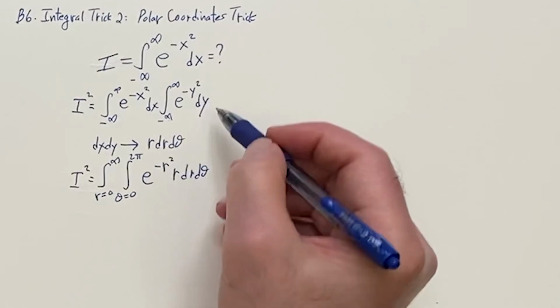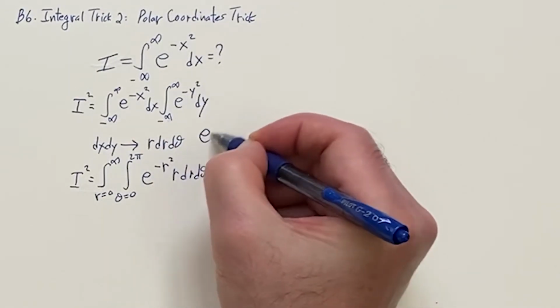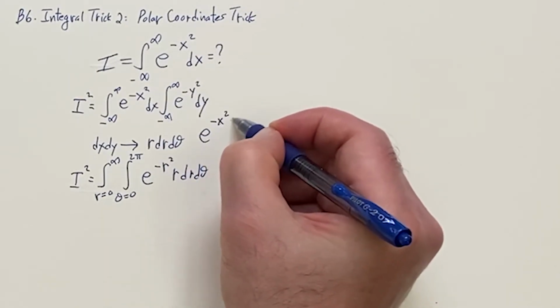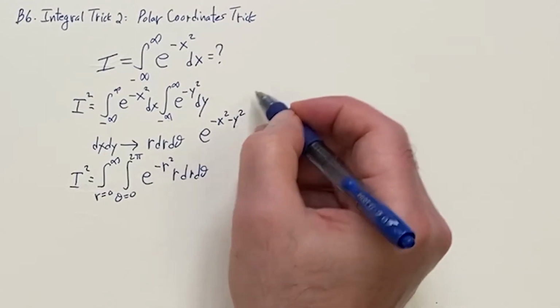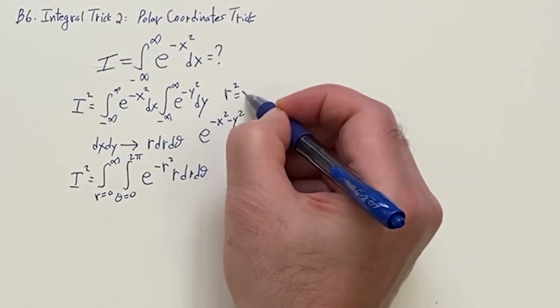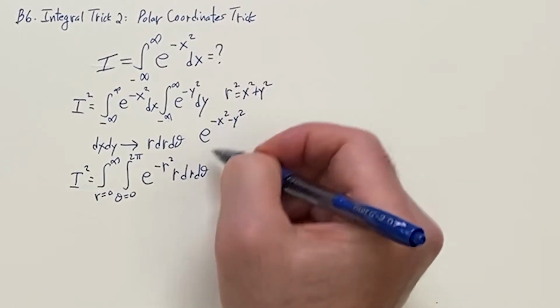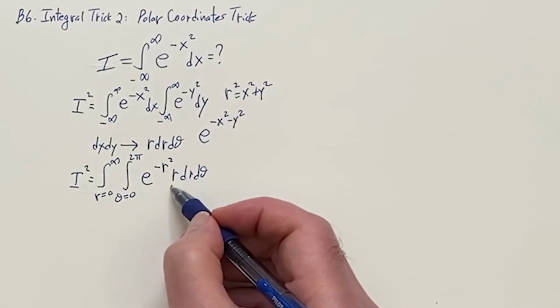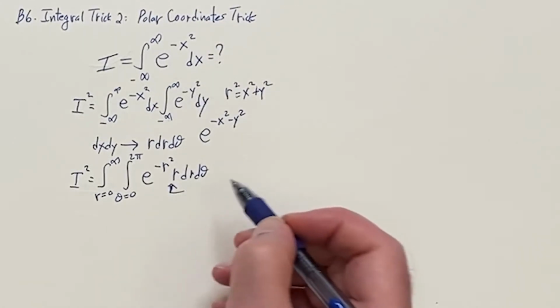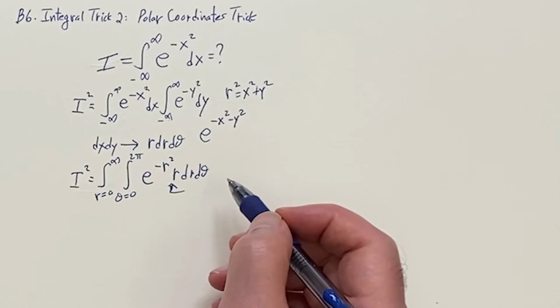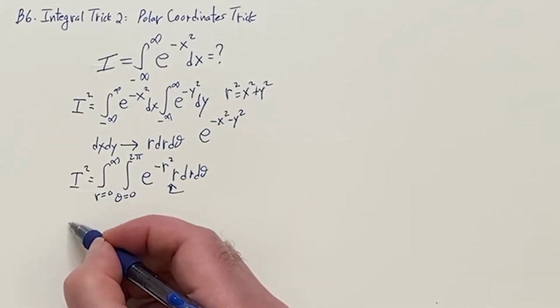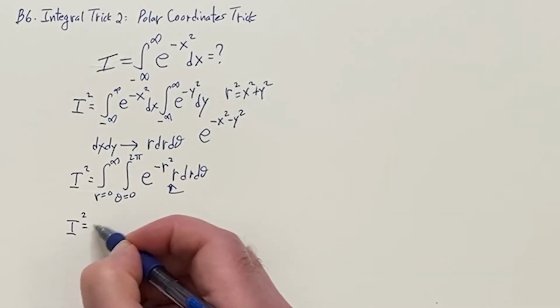When you take these two together, r squared is x squared plus y squared. But this r is going to save you. That's the secret here. So when you integrate this, you can break this up into two integrals.